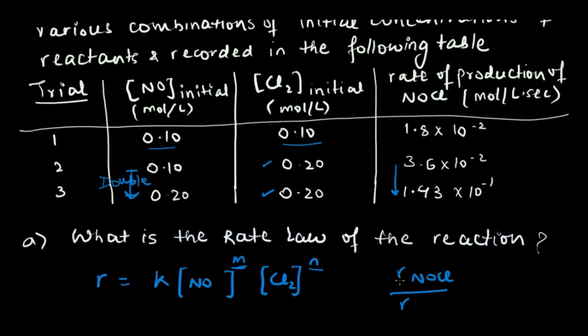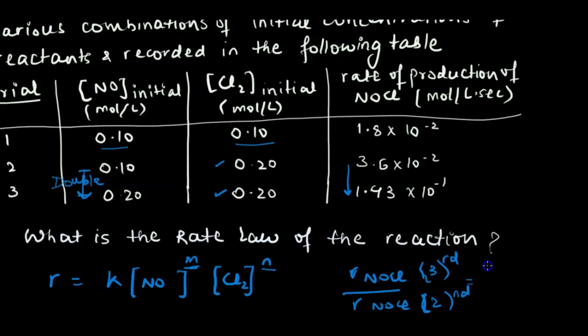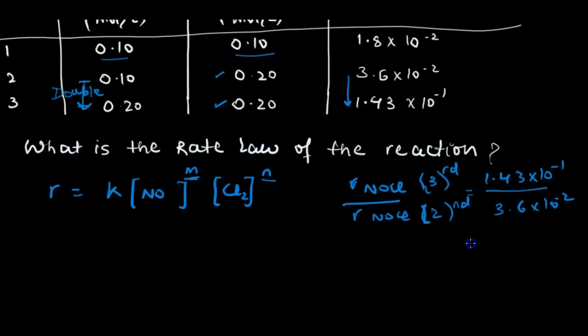When we divide the rate of NOCl production in the third trial, 1.43 times 10 to the power negative 1, by that of the second trial, 3.6 times 10 to the power negative 2, the result that we get is approximately 3.97, which is 4.